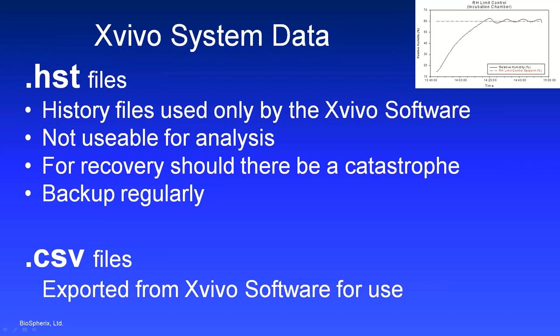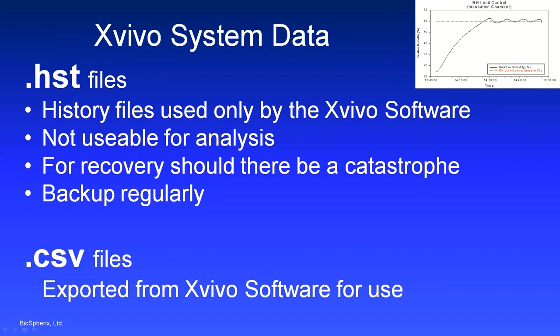It's important, though, to have backups of it because it is particularly useful for recovery of all the Xvivo system sensor data should there be a catastrophic loss of your computer. So it's important to back these up regularly. We like to back them up weekly because we figure that, a week's worth of data, we don't want to lose more than that should there be a catastrophic computer issue.